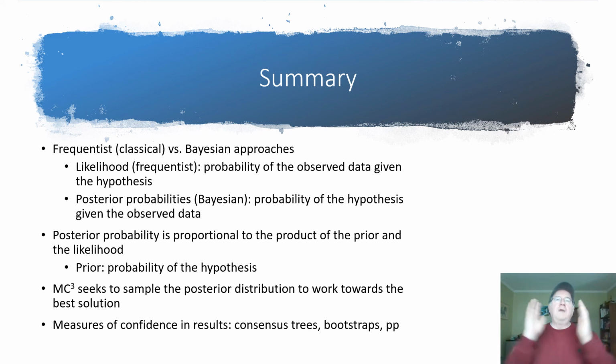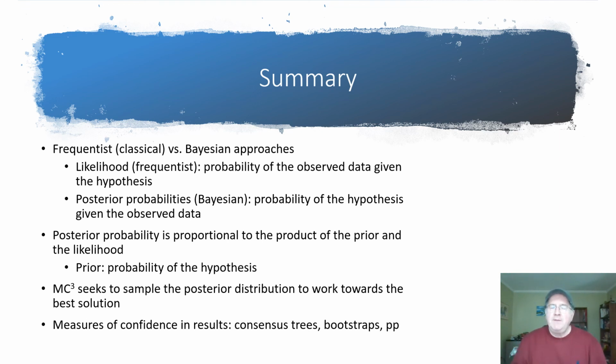So how would I summarize all of this hour and 15 minutes that I've been rambling on here? I wanted to contrast the more classical frequentist sorts of approaches to science, really, with Bayesian approaches, where in the context of phylogenetics, we're talking about likelihoods, a frequentist approach.